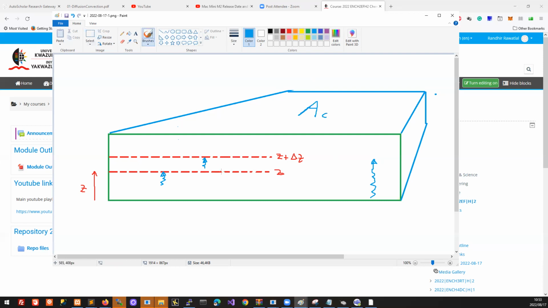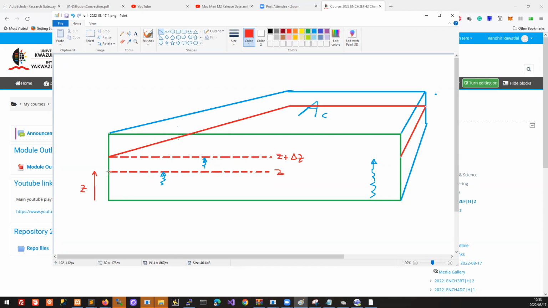And so when we are diffusing in this direction, you can imagine a big plane over here, right? I'm not going to draw the whole plane, but you can imagine there is this whole plane that goes in here, and the plane goes all the way around to there, down to about here.